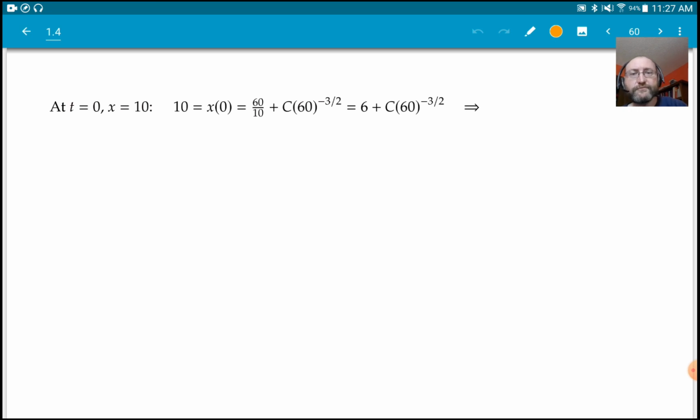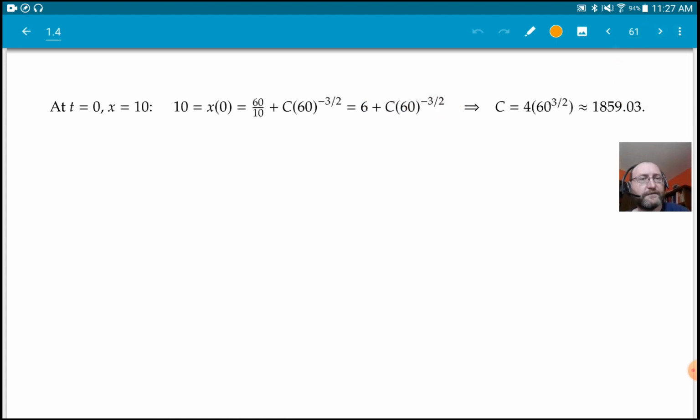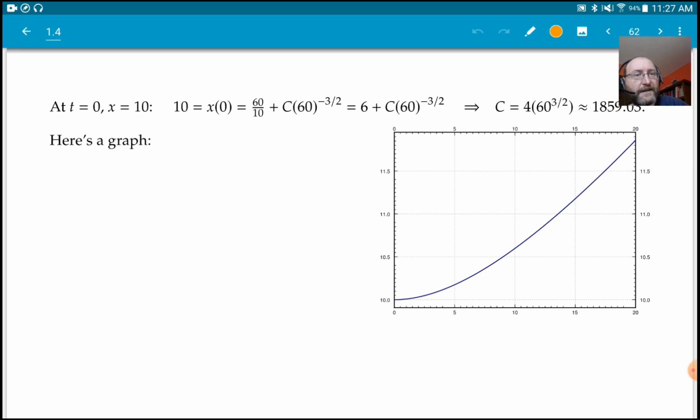So you simplify and solve for c, and c is going to be this over here. Just a little bit of algebra, arithmetic really.